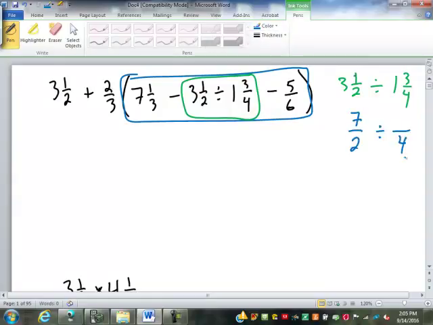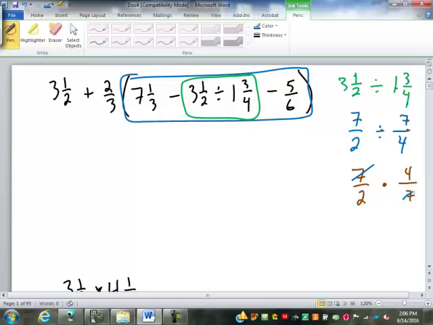1 3/4 becomes how many fourths? One times 4 plus 3, 7. There we go. So now the first number never changes, so that stays 7/2. We multiply and take the reciprocal of the second number, so that's 4 over 7.